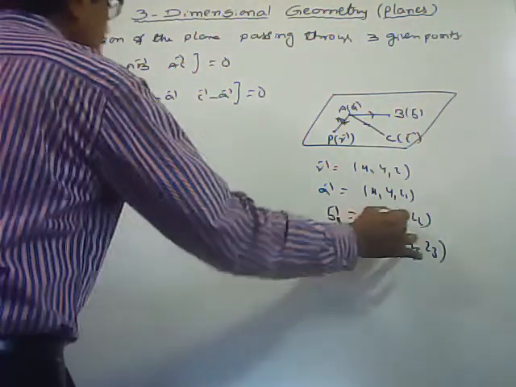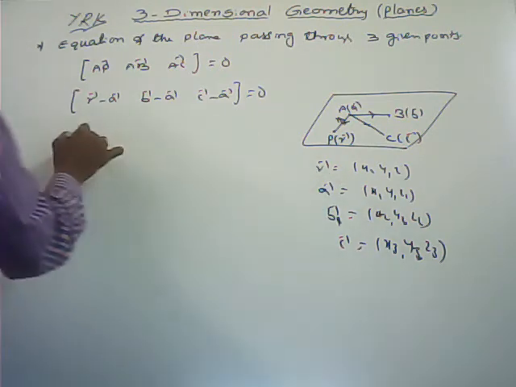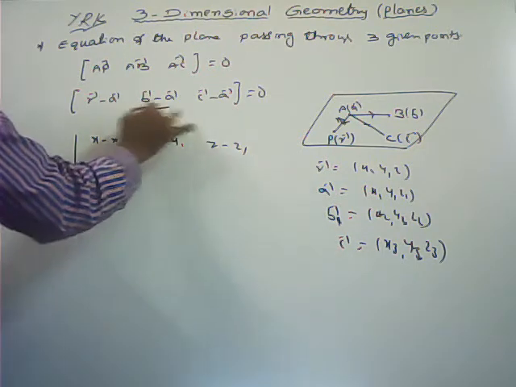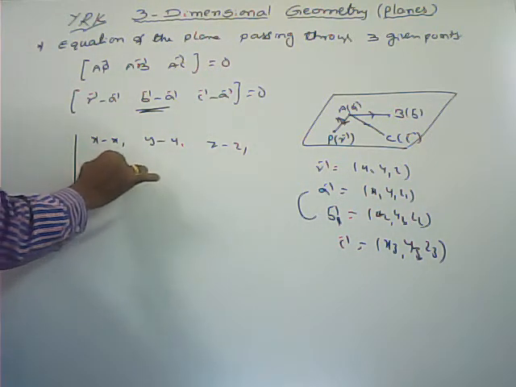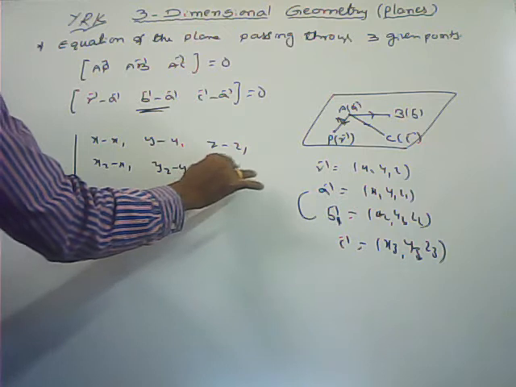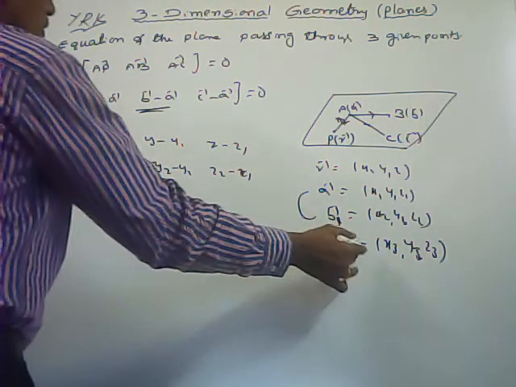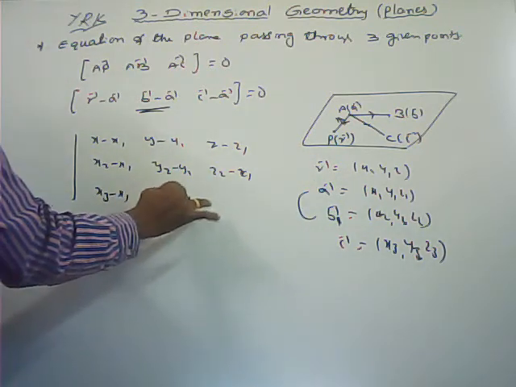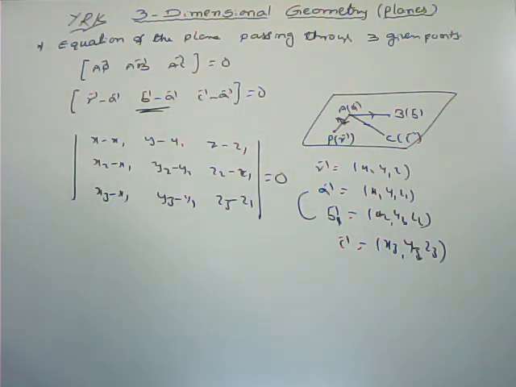Now here you can see r bar minus a bar is the first row only: x minus x1, y minus y1, z minus z1. b bar minus a bar is the second row: x2 minus x1, y2 minus y1, z2 minus z1. Then c bar minus a bar: x3 minus x1, y3 minus y1, z3 minus z1. The determinant is equal to 0. Substitute the values and simplify, we can get the equation of the plane.